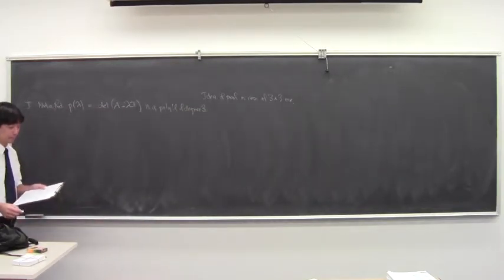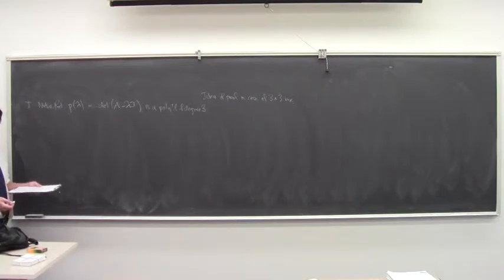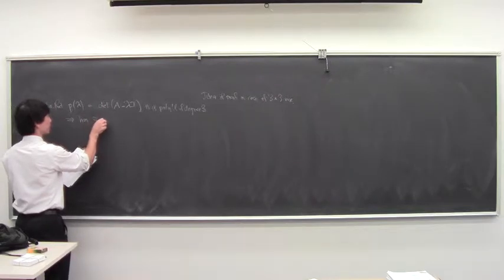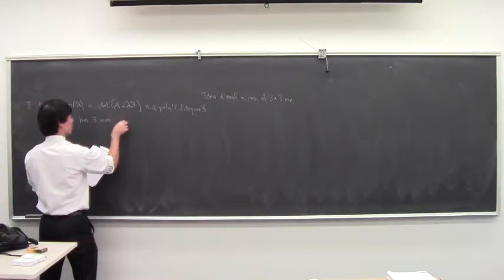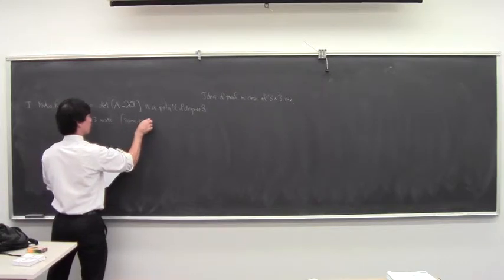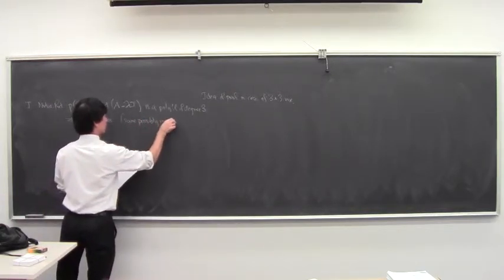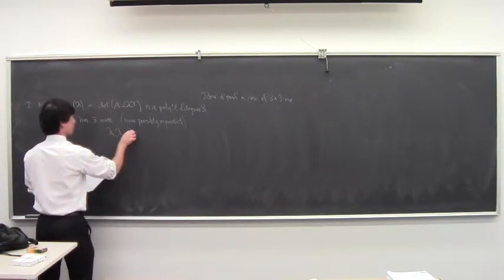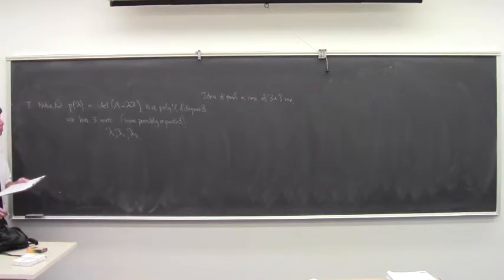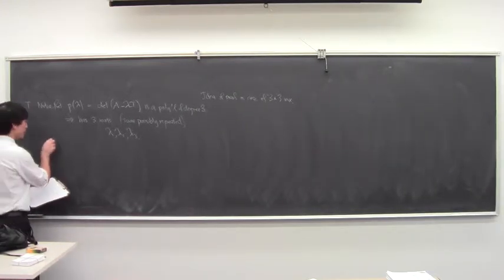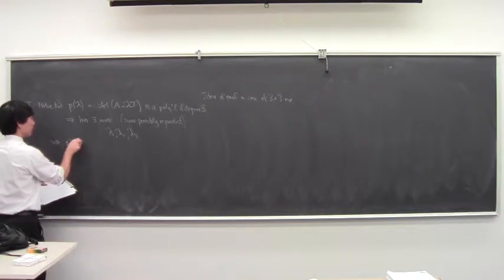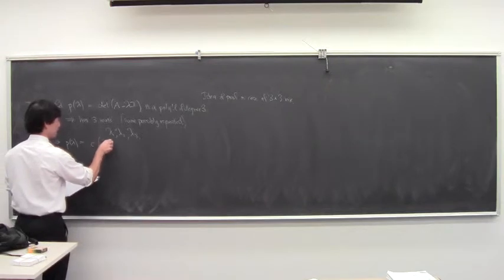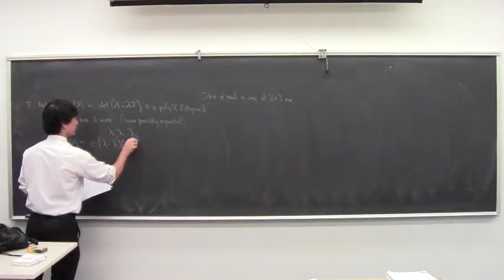Since it is a polynomial of degree 3, it has 3 roots, some possibly repeated. Let's call those roots lambda 1, lambda 2, and lambda 3. That tells us we can express the polynomial as some constant C times (lambda minus lambda 1)(lambda minus lambda 2)(lambda minus lambda 3).